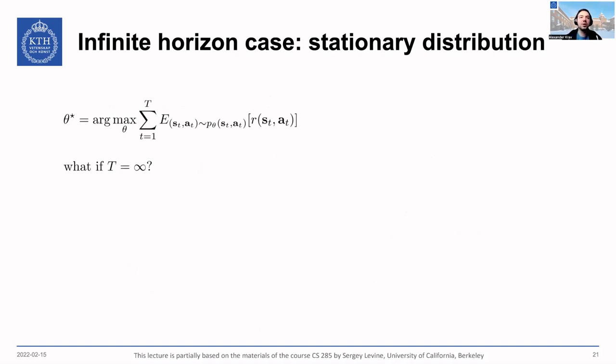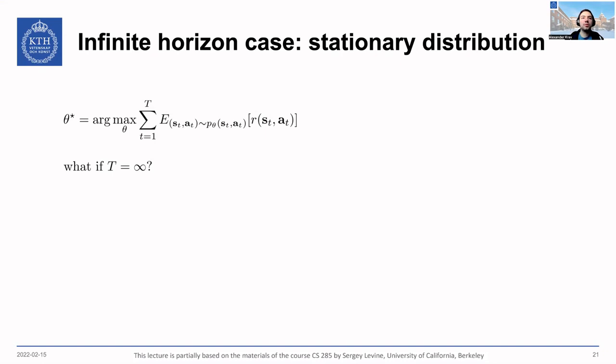So if we have an infinite horizon case, although it's hard to imagine for us as humans, because we rarely have the infinite horizon case because everything is limited in time. But in general, this is a very important property that allows reinforcement learning algorithms to actually optimize the best when they are looking at the infinite horizon case.